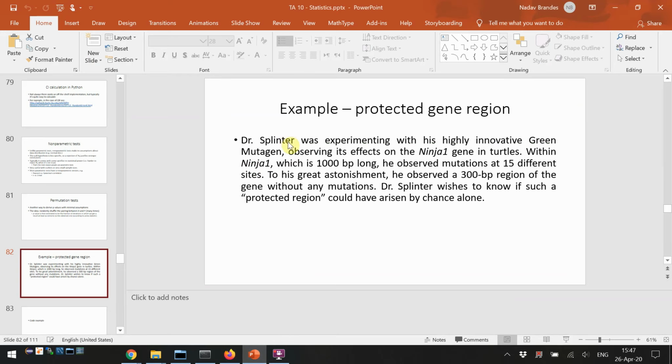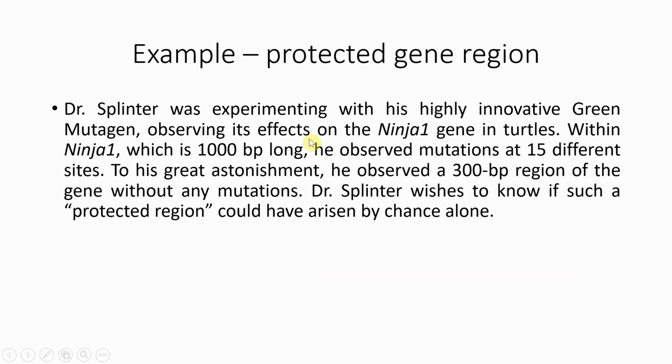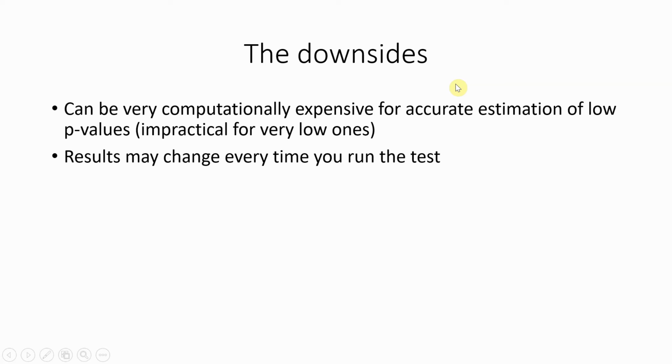Okay, so I hope this example illustrated how permutation tests can work and that it's actually a quite powerful tool to use. But it does have some important downsides. First of all, like we saw, it could be computationally expensive.